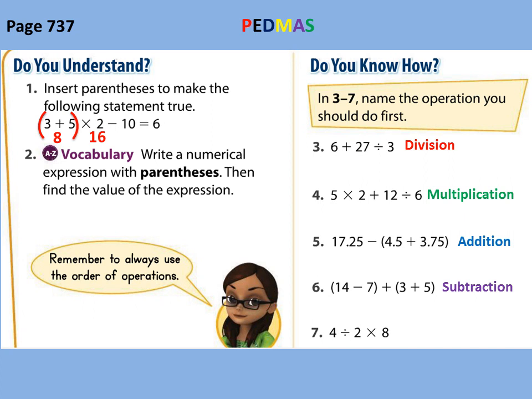Yes? Of course, we have division here and multiplication. There are no parentheses. There are no exponents. So, after that, division and multiplication. The first operation here is division because division comes first. So, division is the correct answer.